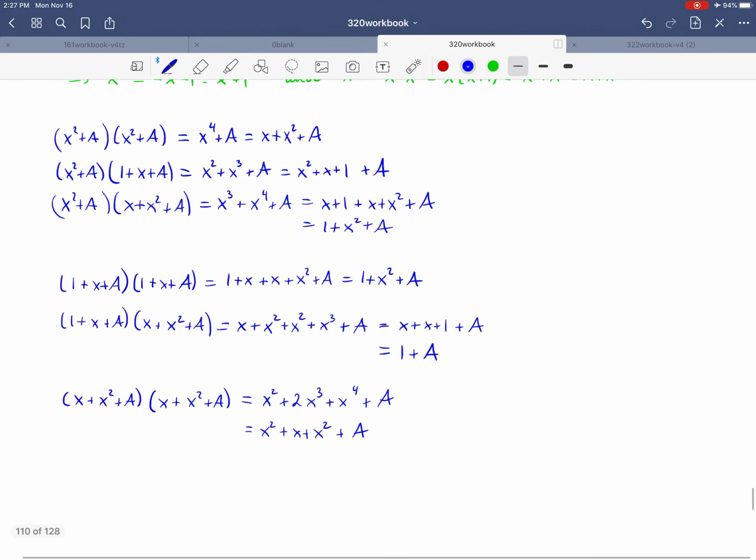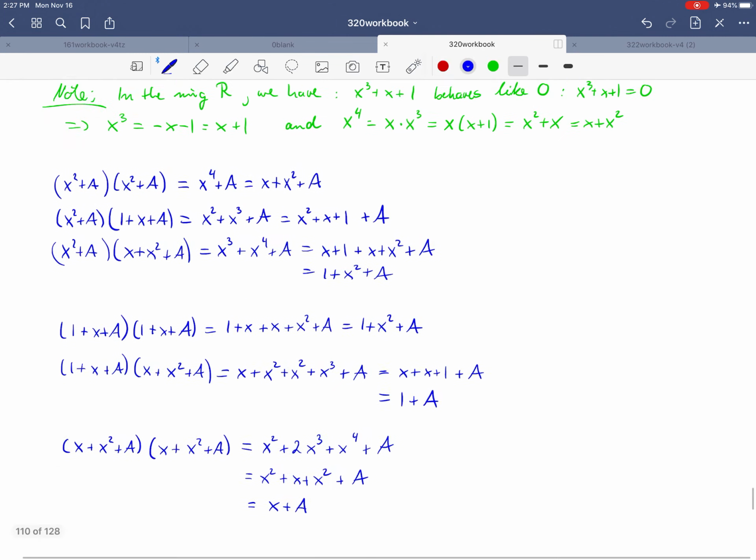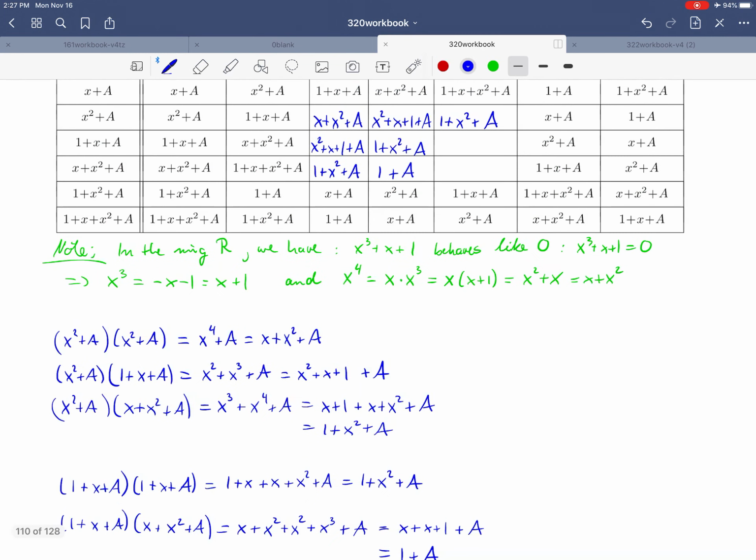So we have an x squared plus another x squared. That is 0 again, so this is x plus a. This one is 1 plus a, this is x plus a. Just filling in the last few entries right here.